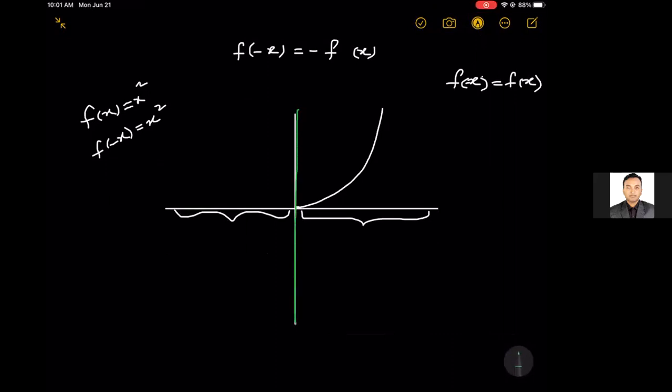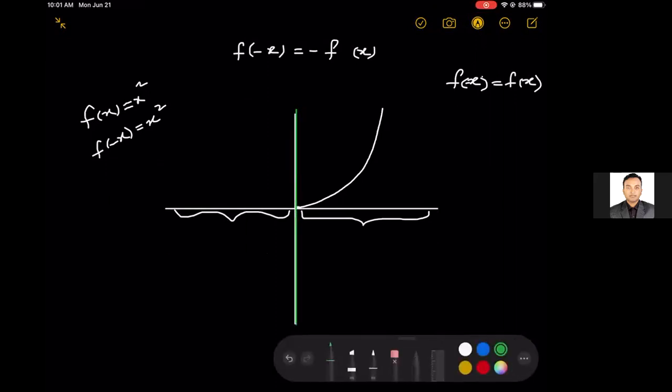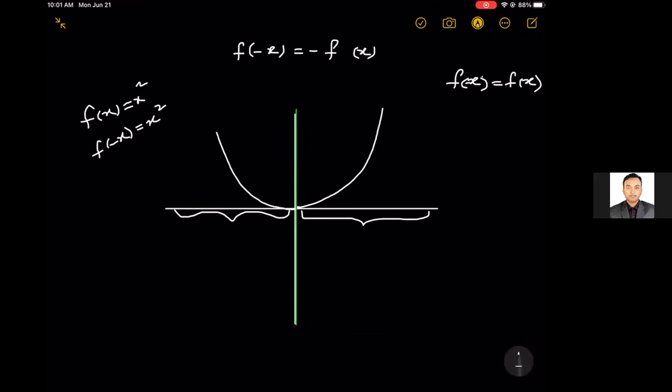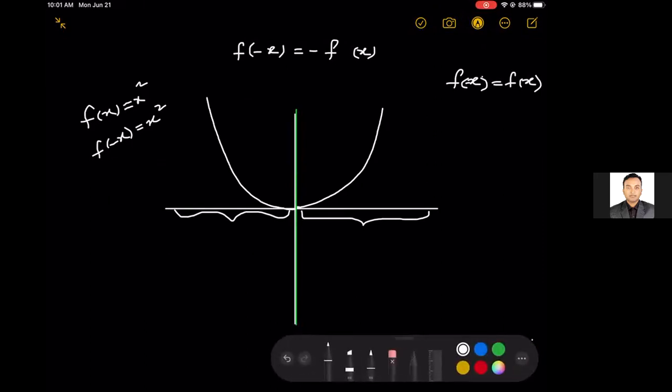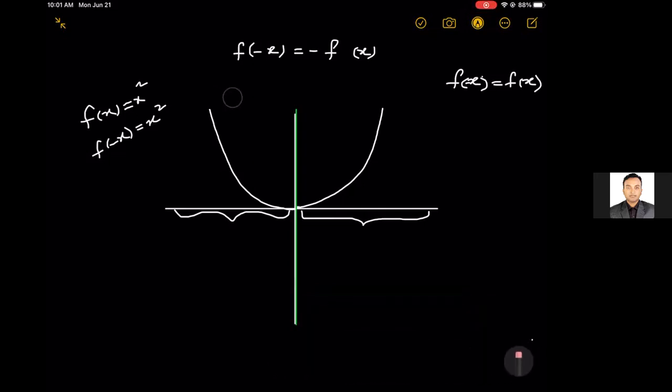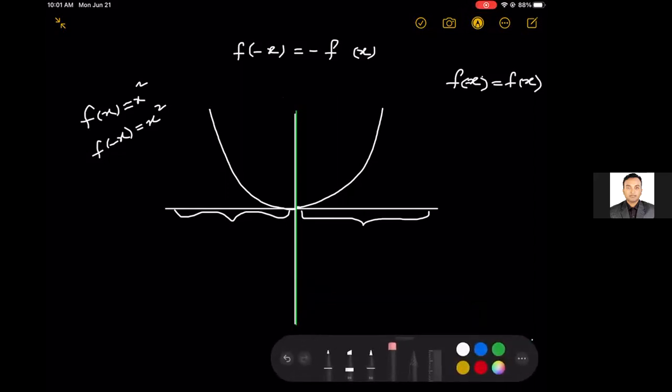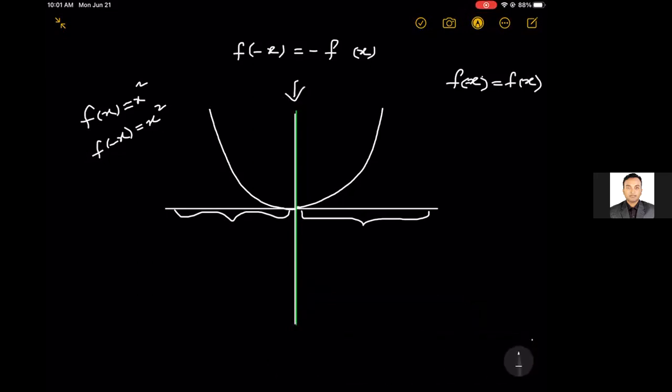Let's imagine we have a mirror here, and just copy this part here. That's it. It's slightly bigger than I wanted. So if we have a mirror here, these will be mirror images of each other. It's the symmetry we are talking about.